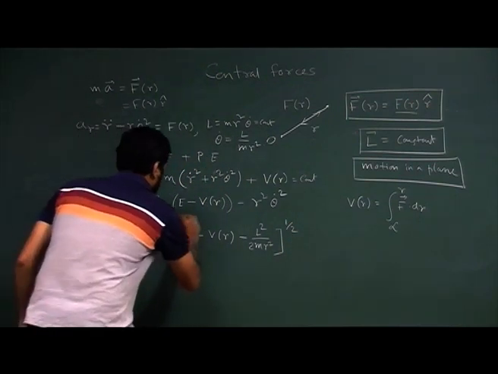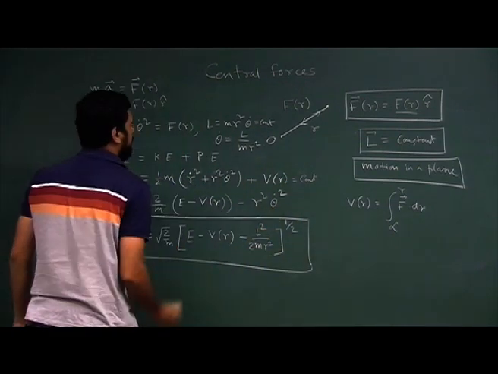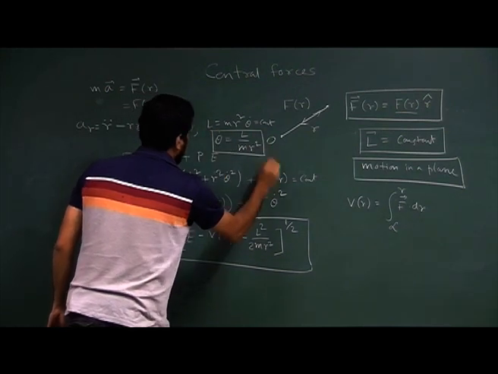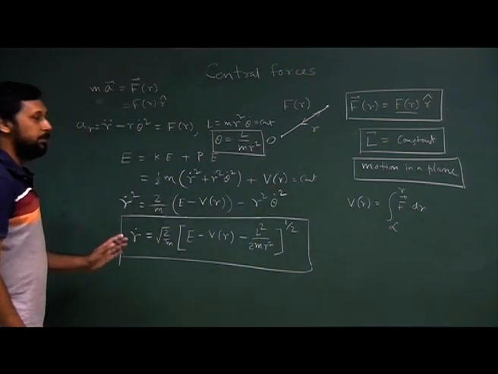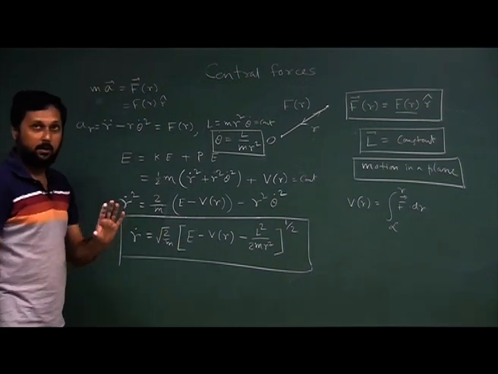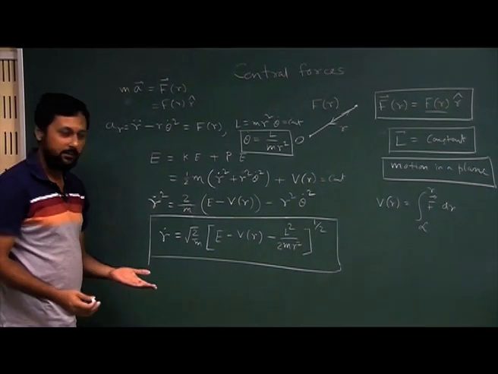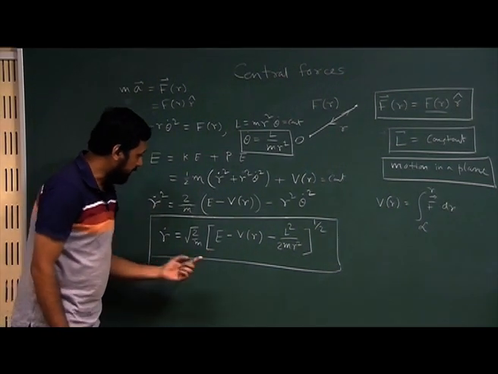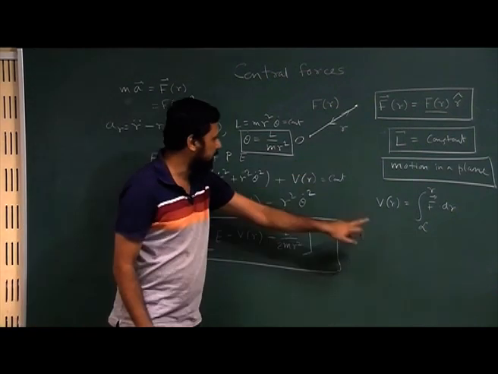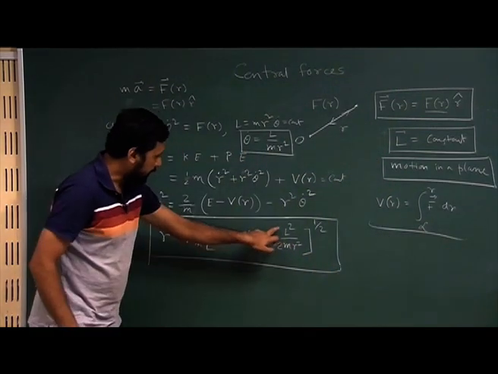So, we have one equation for r dot and one equation for theta dot. In principle, again I am not asking you to do it, or I am not doing it myself either, we can integrate this equation, because E is a constant, V of r is a function which we know from this relation, and L is a constant.